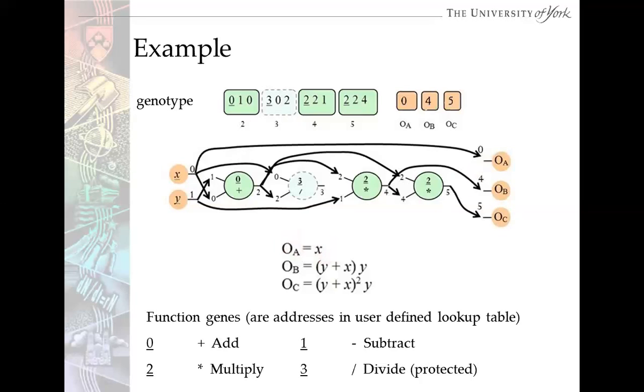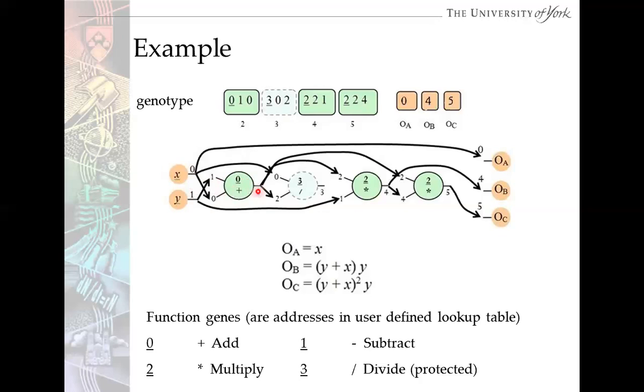Let's look at OB. OB is connected to the third node, whose address is 4, which is a multiply node. And so we've got to look at its inputs and trace those back. So its first input is connected to the output of the node with address 2. So let's have a look at that. Well, the node with address 2 is connected to the 2 inputs, and it just adds them together.